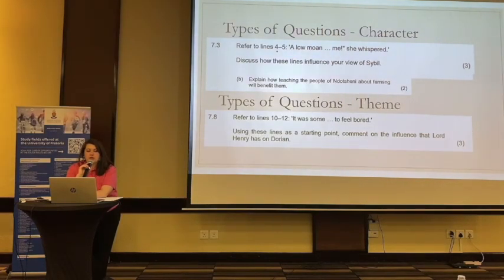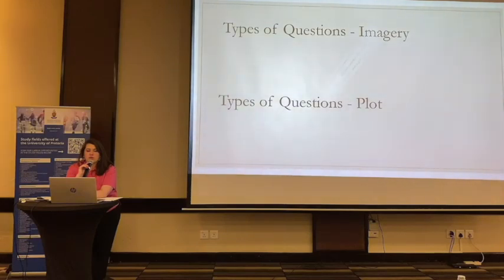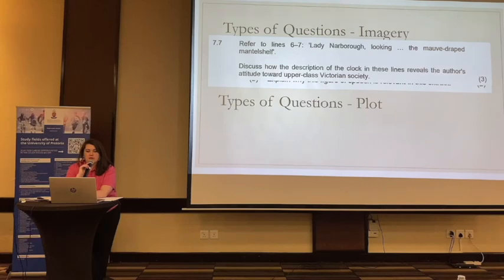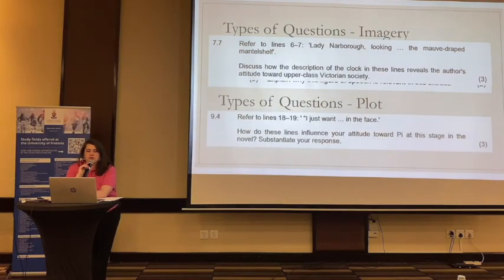The influence Lord Henry has on Dorian. He has some questions on imagery. So that's 5 in total. The figure of speech in his lines, why is it relevant? Discuss the description of the clock and what this reveals about the attitude towards upper class Victorian society. So 7 so far. How does this influence your attitude towards Pi?